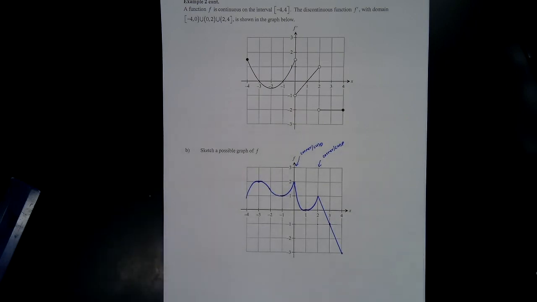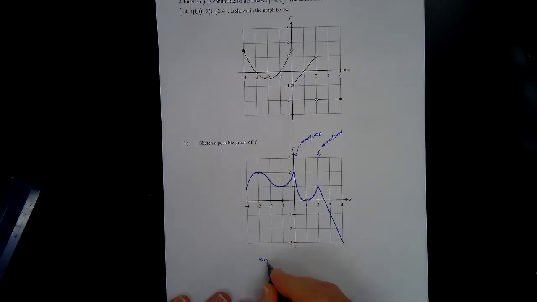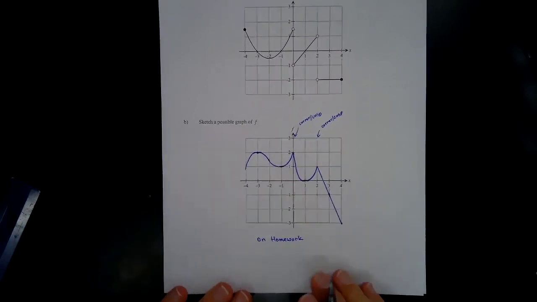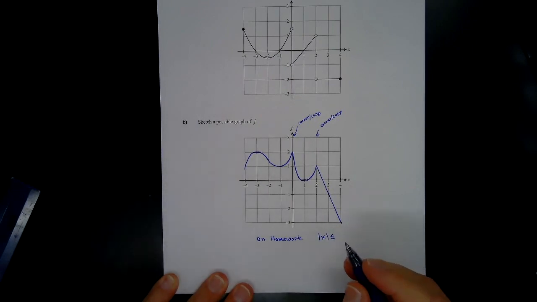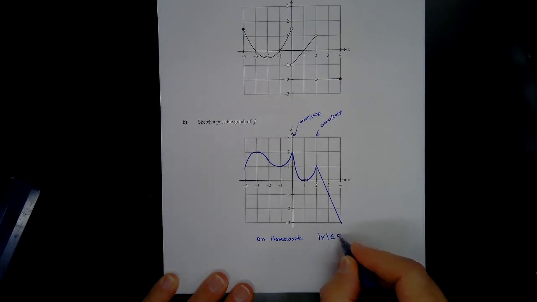Something else that I need to talk to you guys about that you're going to see on homework: you're going to see them describe intervals like this. The absolute value of X is less than or equal to something like, let's say, 5. We're going to have to interpret this.